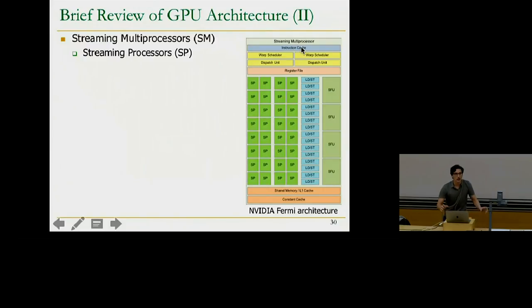So it's like having 2 units that can fetch an instruction and decide when to issue each of the instructions. We also have more specialized units, the so-called special function units, for specialized operations like cosine or sine, and also specific units for load and store operations.